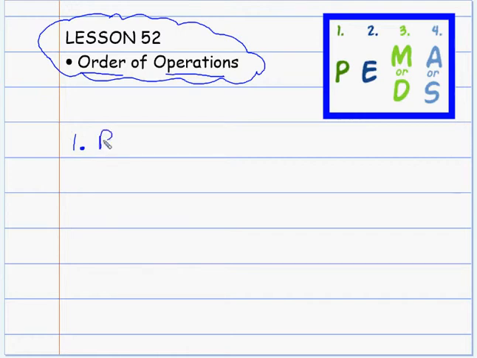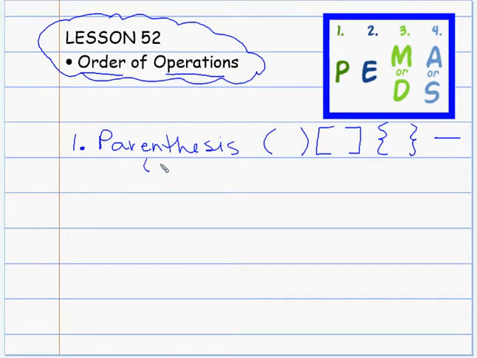The first one is always P, and that stands for parentheses, and that would be parentheses, or it might be the brackets, or it might be the braces, or it'll be a fraction bar. It's any grouping symbol.